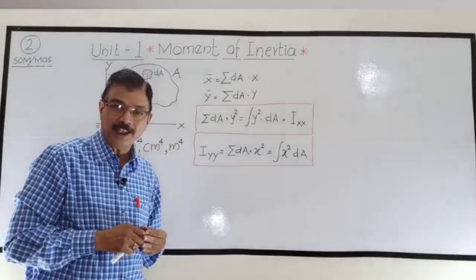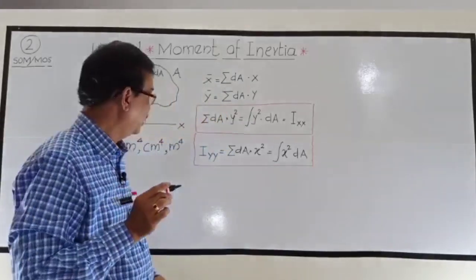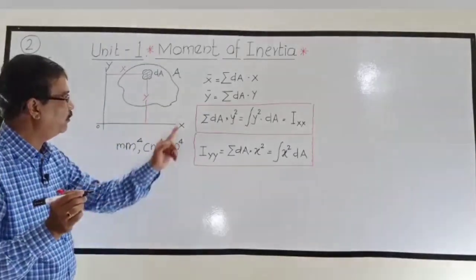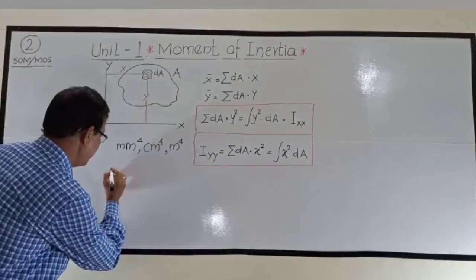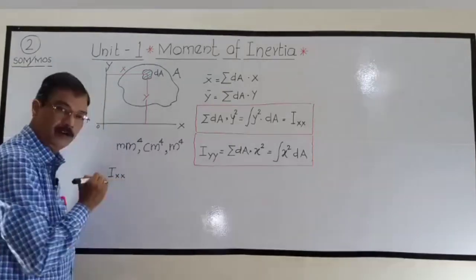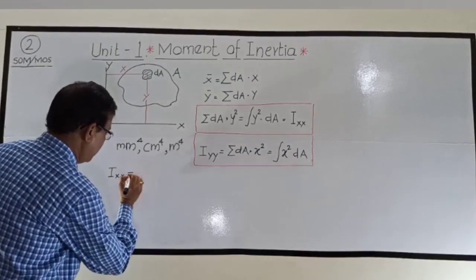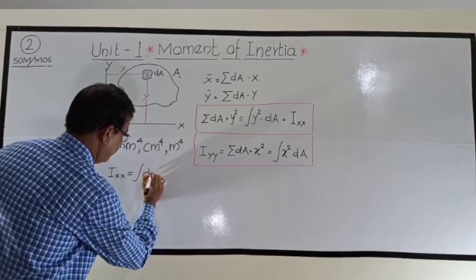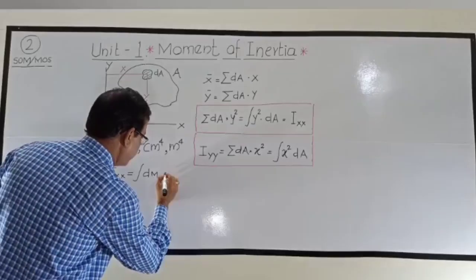Similarly, as far as dynamics is concerned, mass moment of inertia is required. Now, what is mass moment of inertia? Instead of area, if you take the moment of mass, the mass moment of inertia about the x-axis, Ixx, will be integration of dm into y square.